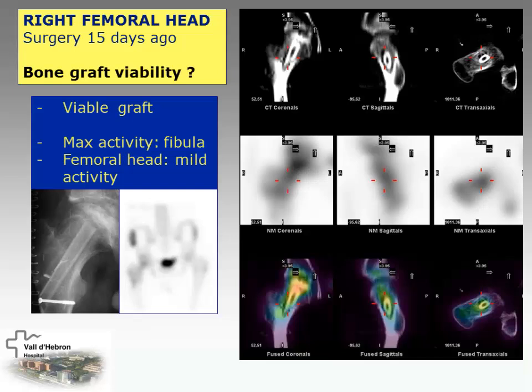But look at the end of the fibula here. It seems that there is a little bit of increased uptake on the new bone placed on the femoral head. That means it's a good prognosis.